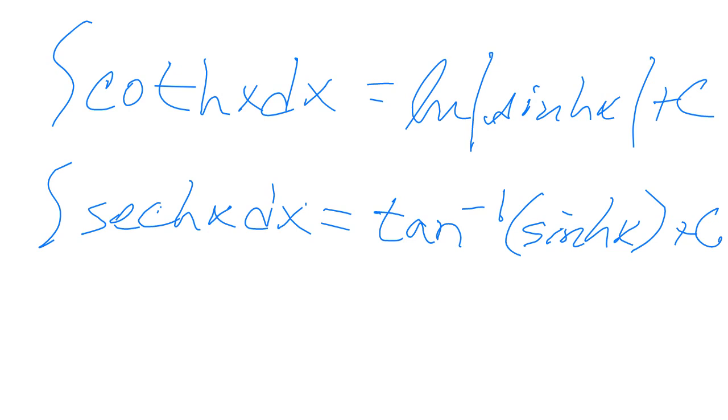So this one is a little unique, to say the least. You can't really say the derivative of what is sech, because we don't have that, but the derivative of the inverse tangent of sinh is sech. Now remember, the inverse tangent, this is not hyperbolic.